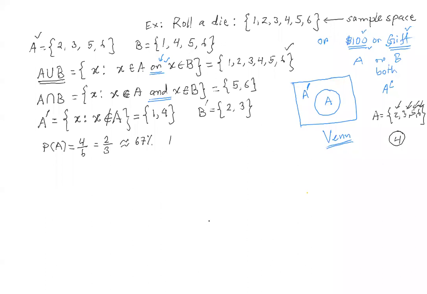Similarly, the probability of event B, by the way, is what? Look at event B right here. The probability of event B is 4 out of 6, or 2/3, approximately 67%.